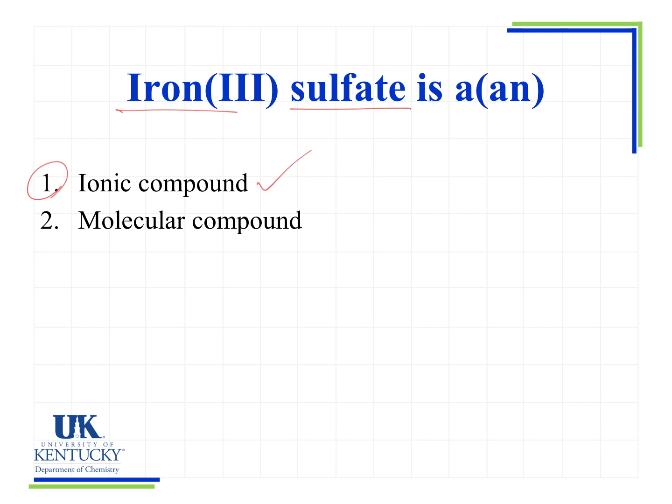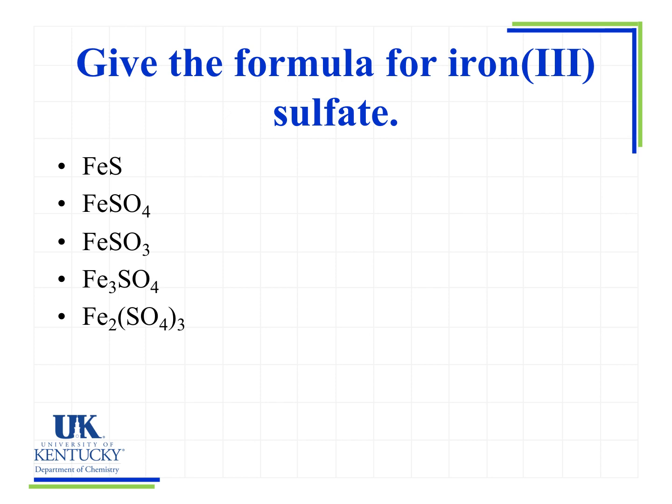Okay, so iron, a metal with a polyatomic ion, makes an ionic compound. Okay, so now let's see if you know the name of these compounds. Well, not the name, but the formula. So give the formula for iron 3 sulfate. So if you choose the last one, you're right.